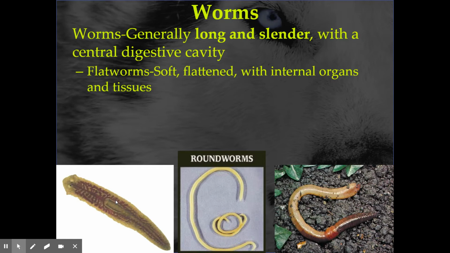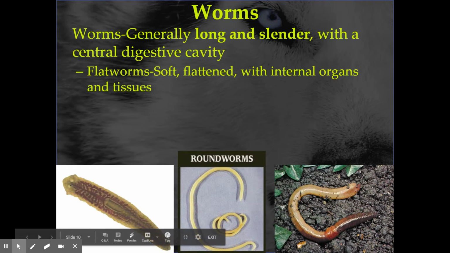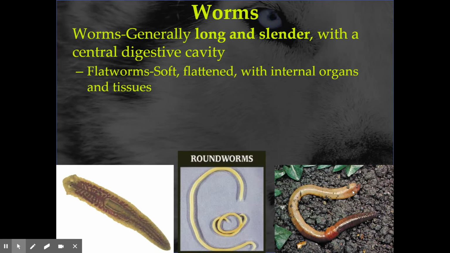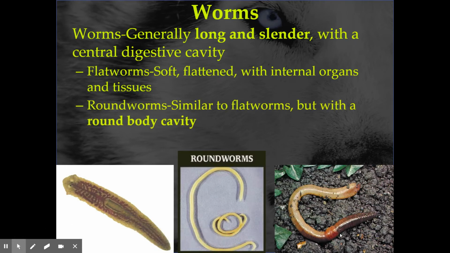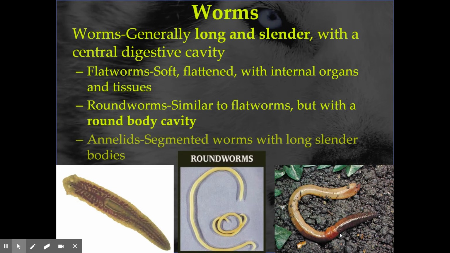So they're a different shape. Roundworms, smooth, long, skinny spaghetti here. And then you have like your typical earthworms. So you have roundworms, similar to flatworms, but they have the round body cavity. Tube within a tube still.